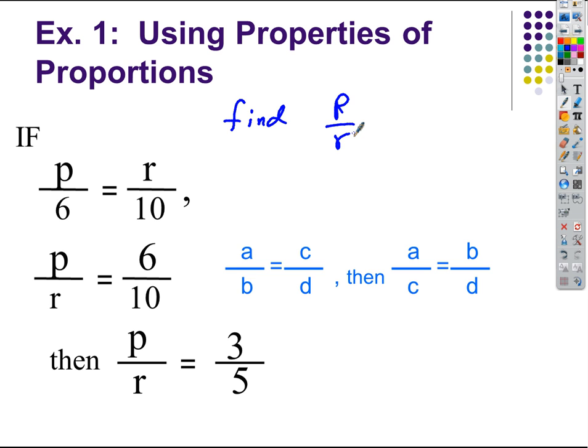All I have to do is use that new property and just exchange diagonally and I'm done. I can swap the R for the 6, and then P over R is 6 over 10, which just reduces to 3/5. Okay?